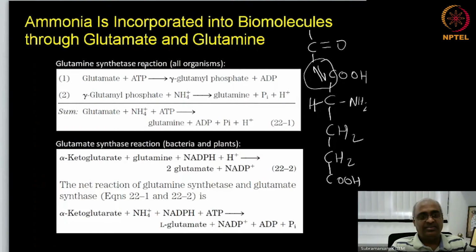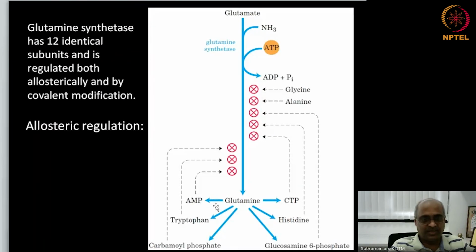And this is what incorporates ammonia into the biological system in all organisms. Due to that, this is subject to really, really serious regulation. And that regulation is what is outlined in this as well as the next slide.